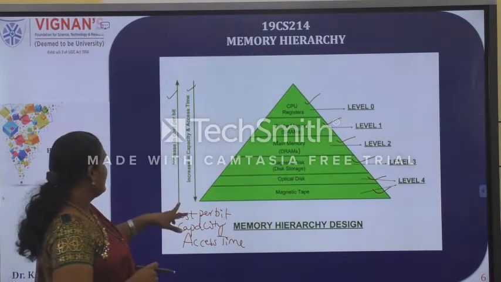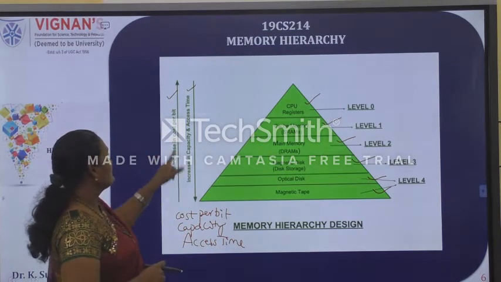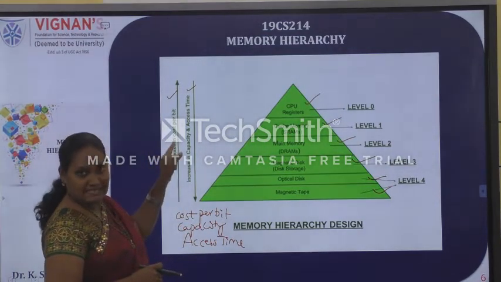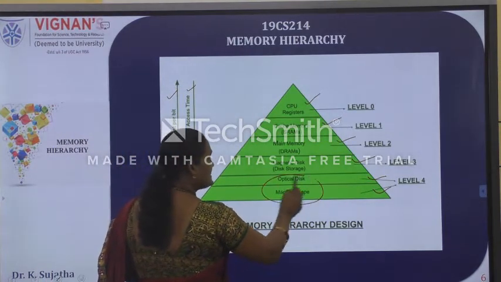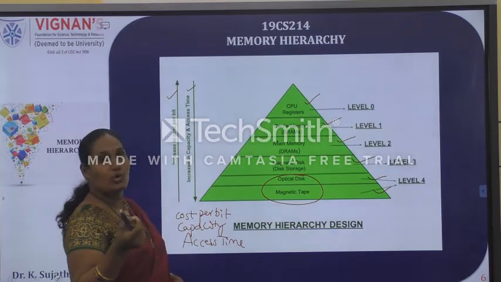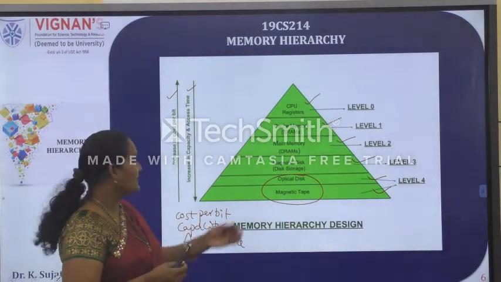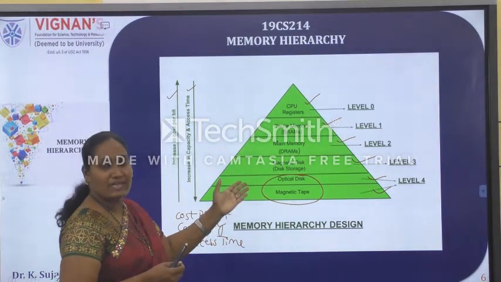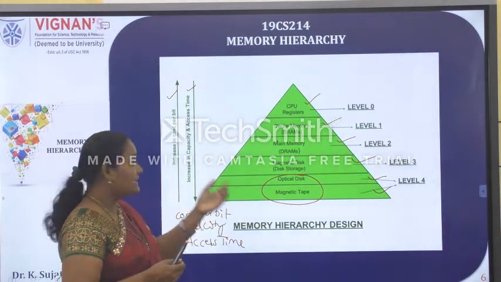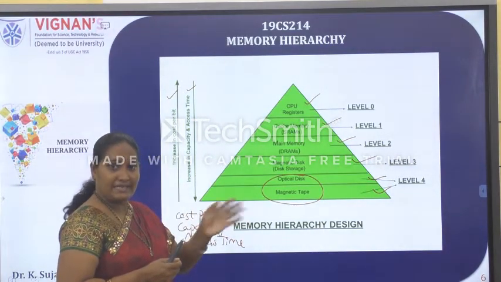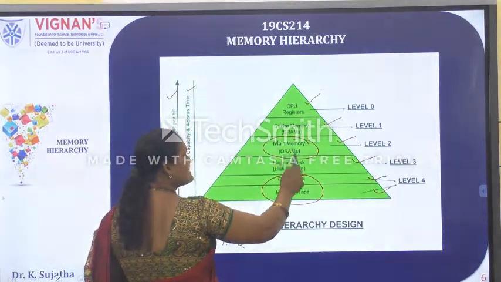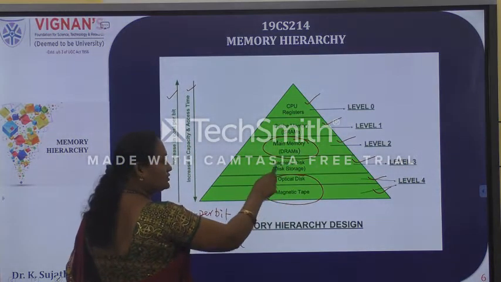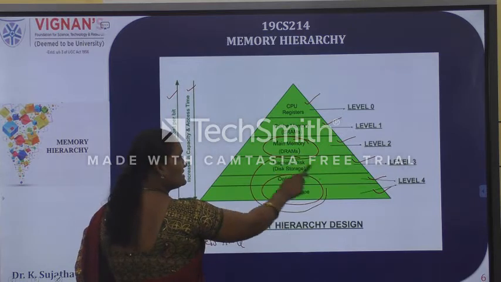Now let us see, from bottom to top, the cost per bit increases. That is, these memory devices, which are nothing but secondary storage devices, are available at lower cost. Coming to main memory, this is somewhat costlier when compared to the secondary storage devices.